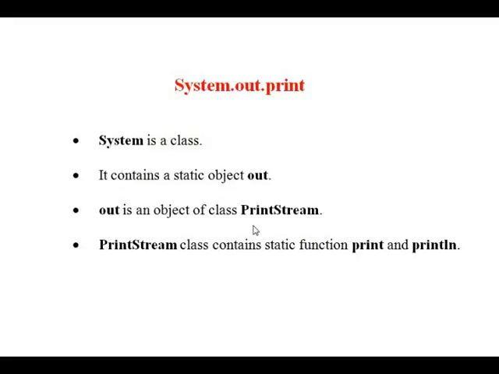When we write System.out, it calls the System class and then the static out object, which is an object of the PrintStream class. The PrintStream class contains the functions println and print. As these are static, we can call them with the dot operator.